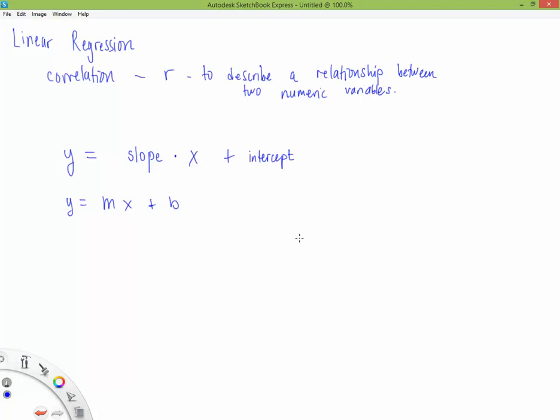And this is a line. This is called our linear regression line. And it is the line we use to make predictions for linear relationships.